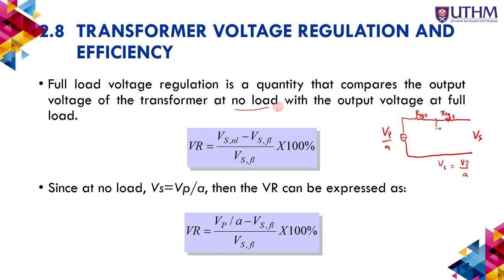So this is the voltage regulation equation: Vs at no load minus Vs at full load, divided by Vs at full load, times 100. For Vs at no load, we consider this circuit. We assume no current flows and no voltage drop, so Vp equals Vs, and we just replace it with Vp over Va.